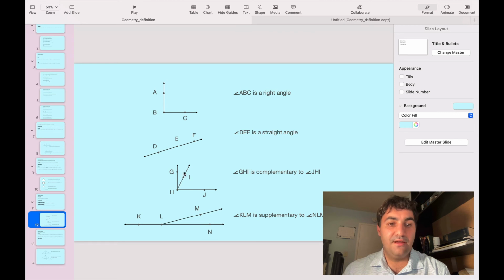If we look at this other angle here, IHJ, again, I don't know exactly what the measure is, but if we add the measures of both these angles together, you get 90 degrees, because when we join these two angles together, we get the right angle GHJ. So we say that angle GHI is complementary to JHI.